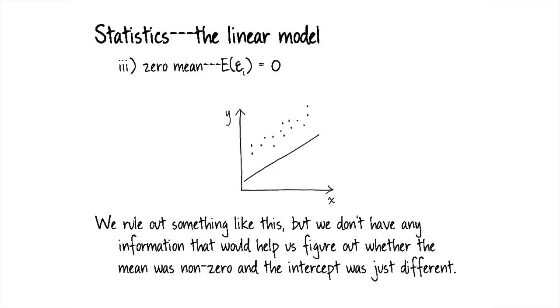The third assumption is that the error has a 0 mean. Here I've drawn a picture of an error having a positive mean, and we rule this out because we don't have any information that would help us sort out whether our error had a 0 mean and the regression line was shifted up, or whether the error had a positive mean and our regression line was shifted down.